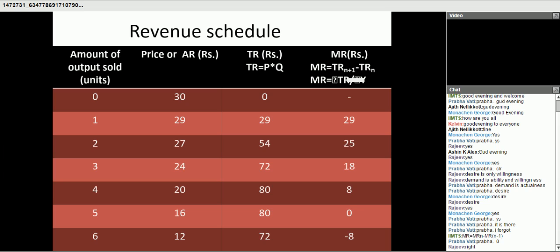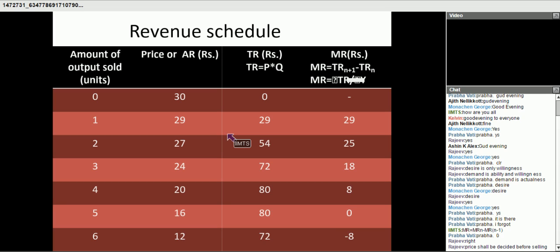It's right. Okay, Rajiv, can you just elaborate on this? What is that 30 for?